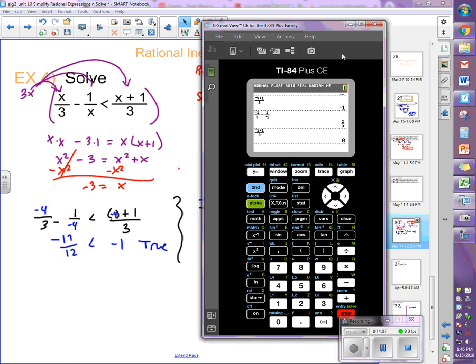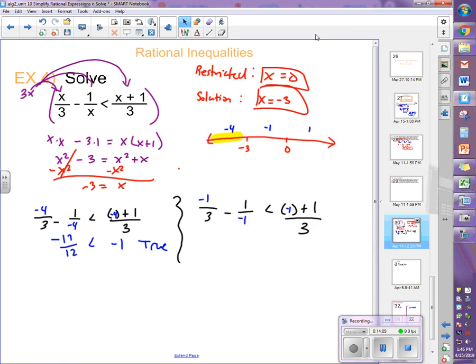So 2/3 versus 0. Is 2/3 less than 0? No, that's false. So we're not going to highlight that region.